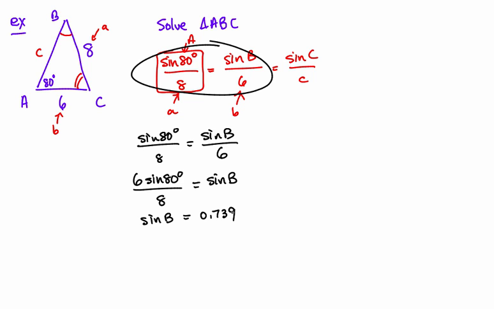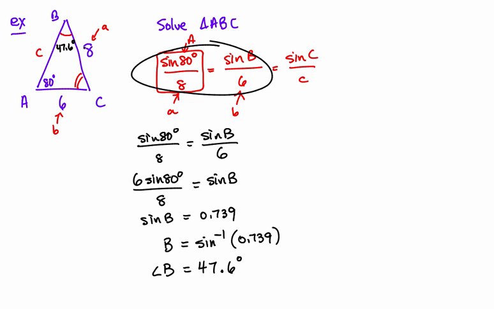Please grab your calculator, pause the video, double check some of this work, make sure it's actually correct. And then to calculate what the angle is, I have to use the inverse sine button on the calculator. And again, double check that you get for angle B the same as I did, which is 47, we'll round to one decimal place, 0.6 degrees. So this one up here is 47.6 degrees.